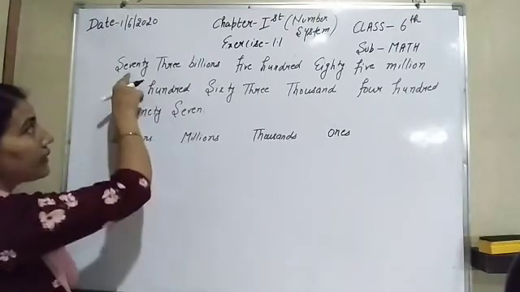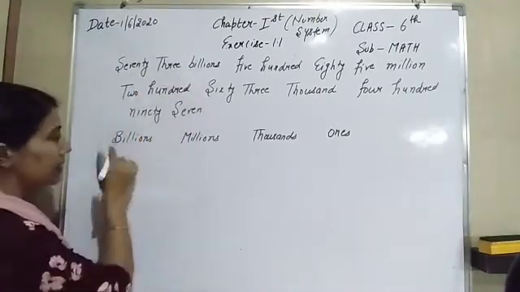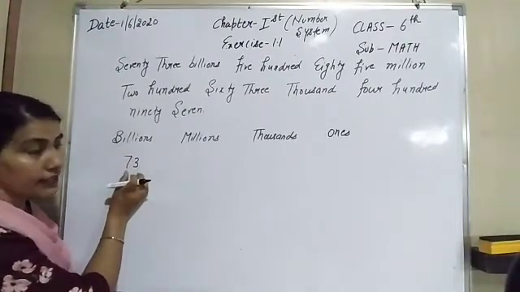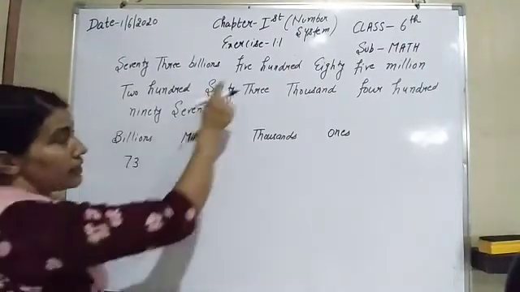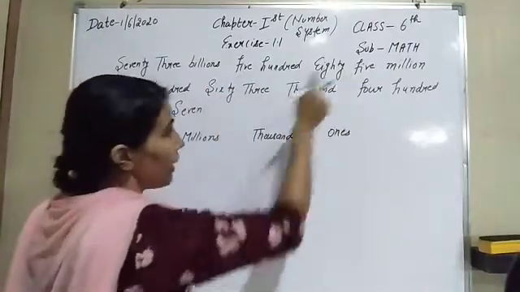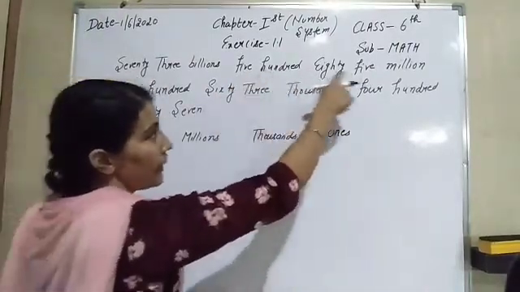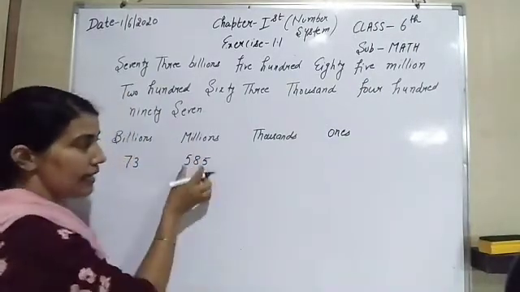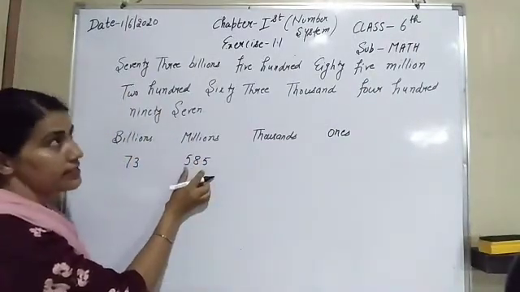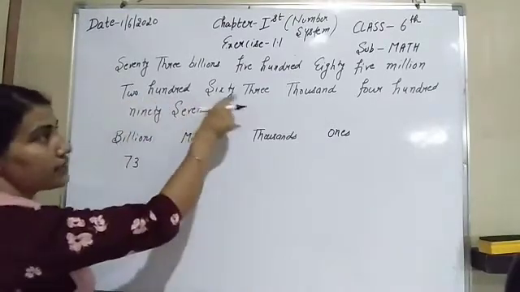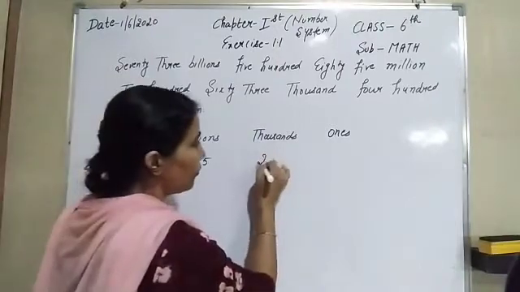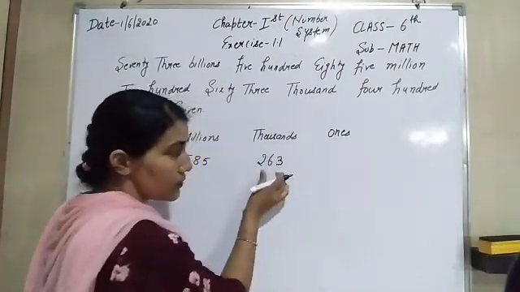Now look here. Here is 73 billions, and in billions we have only 2 digits. So 73 billions. 585 millions, and in millions we always have 3 digits. After this, 263,000, again 3 digits.